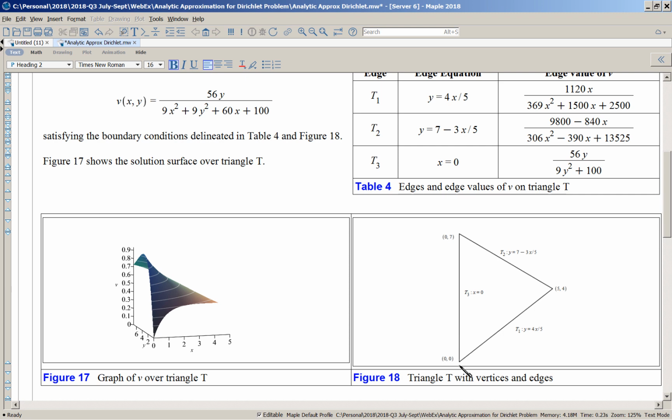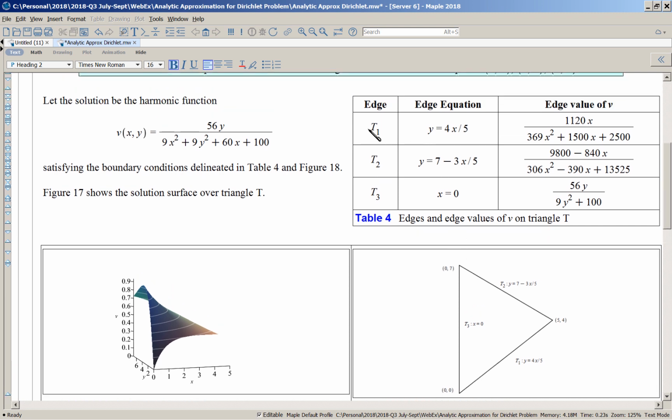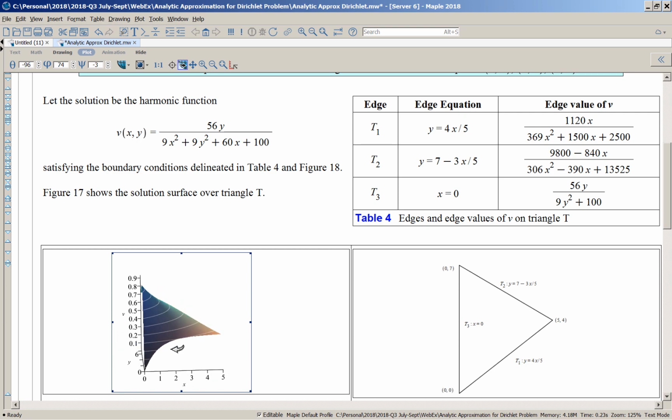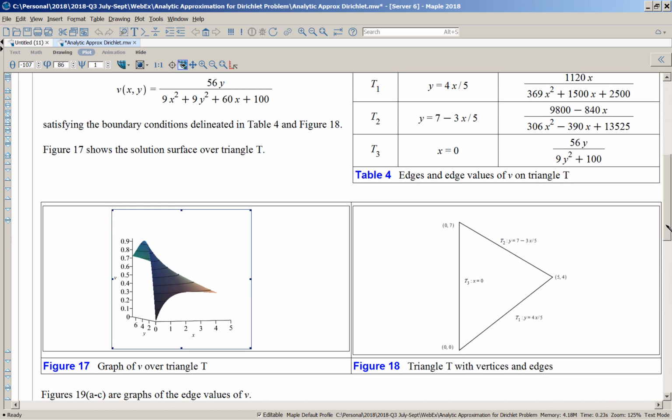I'm not so sure about that. But anyway, here is the triangle I picked. Here are its edges. These are the equations of its edges, and these are the values of this exact function on these 3 edges. And here is a graph of the solution surface over that triangle.